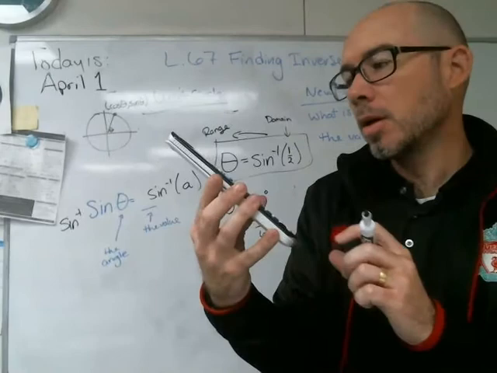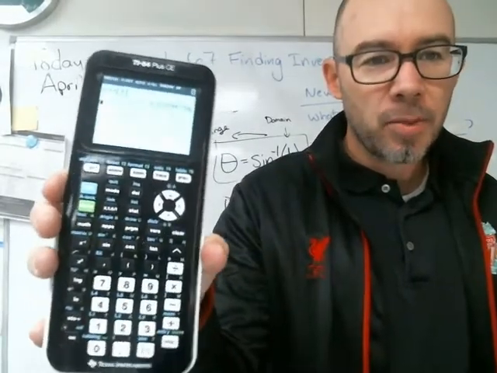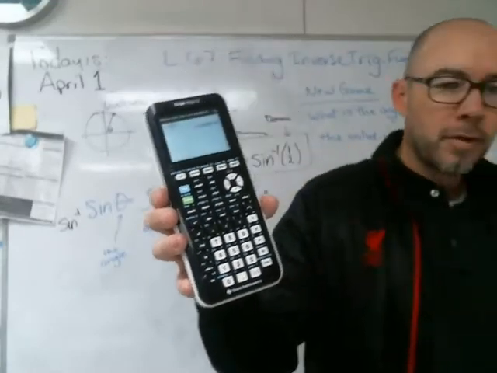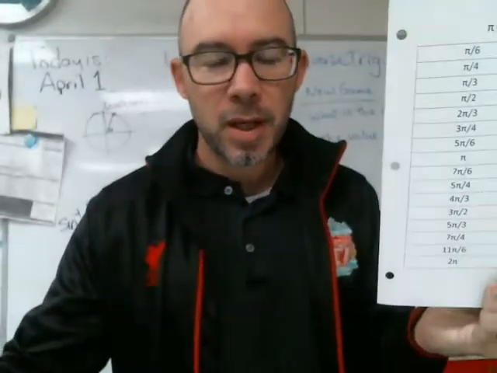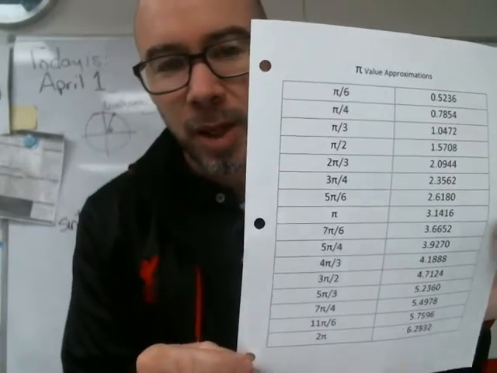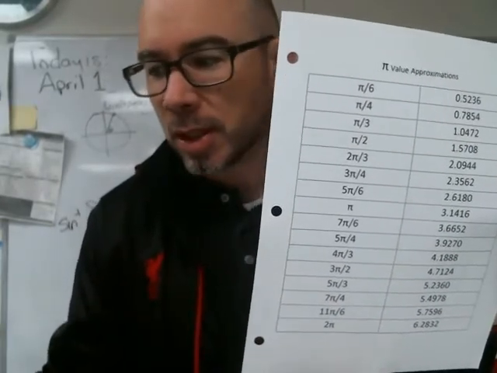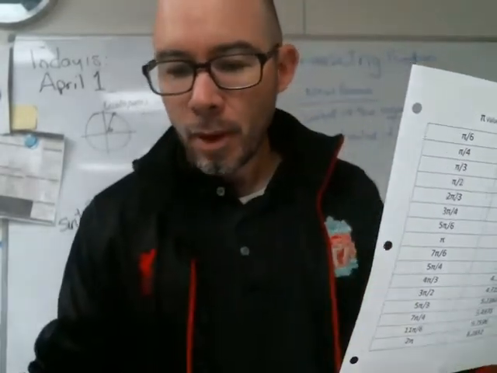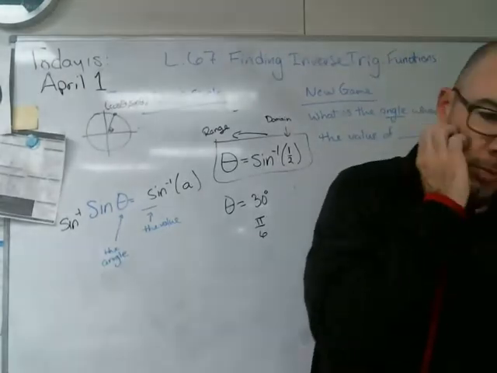And when we hit enter, it gives me a pretty messy decimal, but I've got this. Do you guys have this? I think I gave this to you. And I see that that's equal to pi on 6, 0.5236, so I know that's what I'm looking at. I know what it is anyway, but there you go.